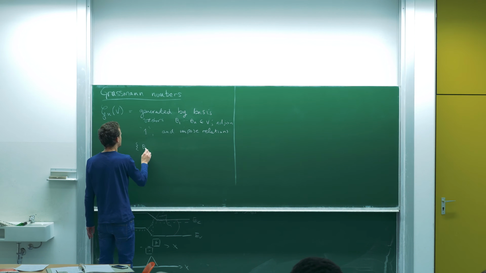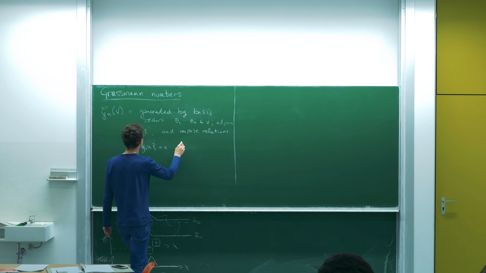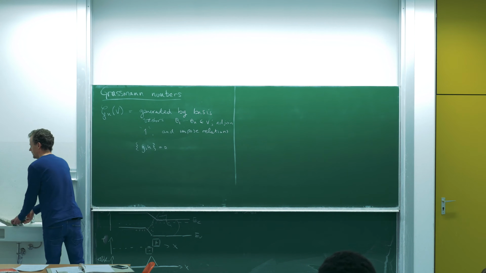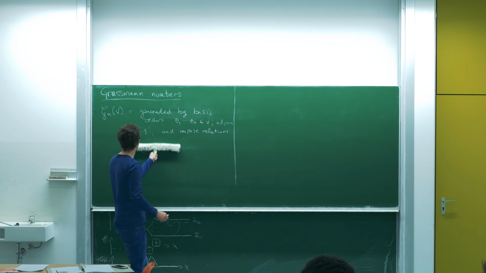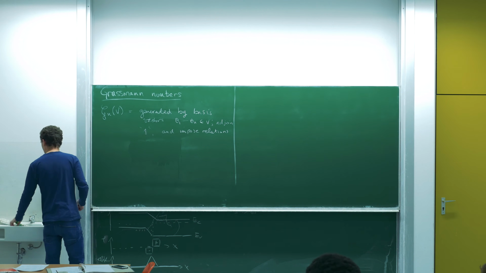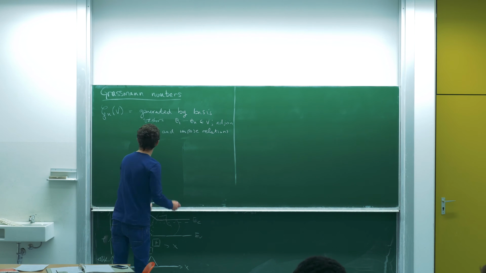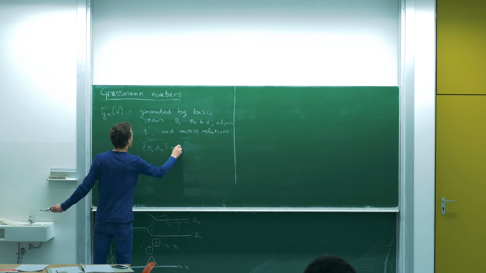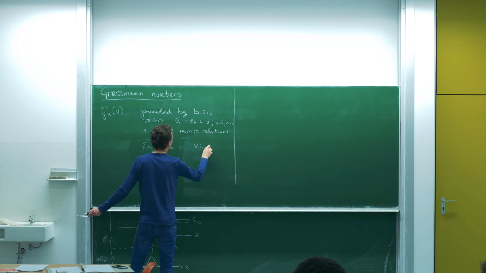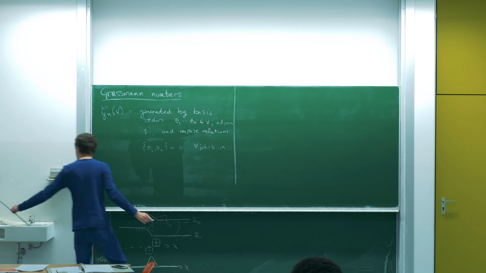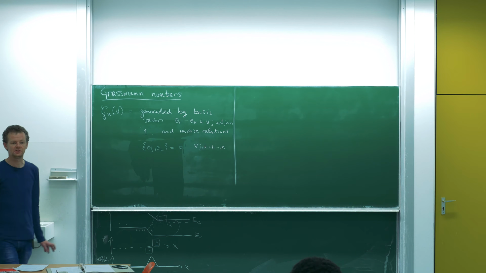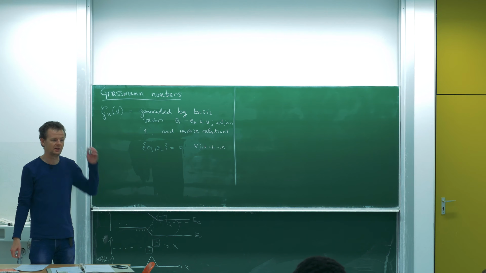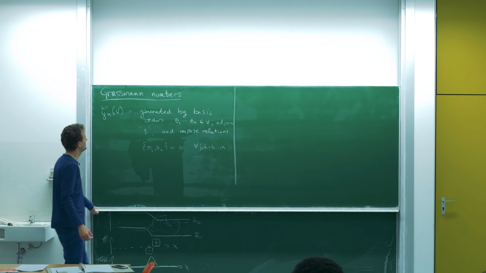Namely, that these generators anti-commute with each other for all j and k. So this is the Grassmann numbers.